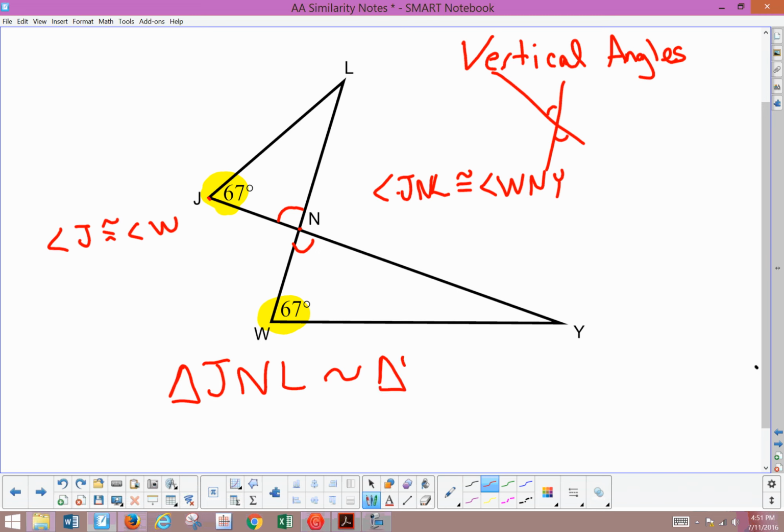Well, that was the W. I then went to the corner of the triangle with vertex N, which had a vertical match on the other side. L is my corner that is not marked at all, so that must match the Y. And that was by angle, angle, similarity. Okay, one more example.